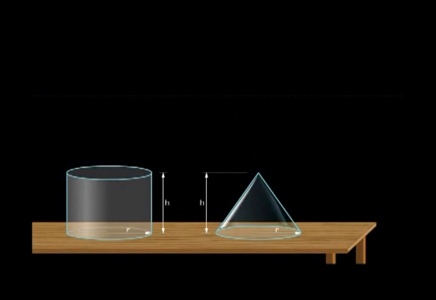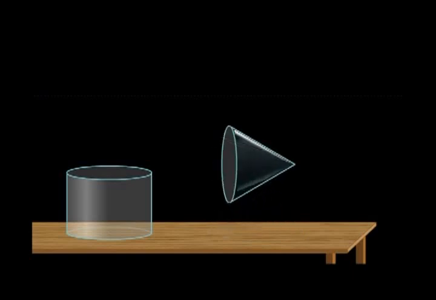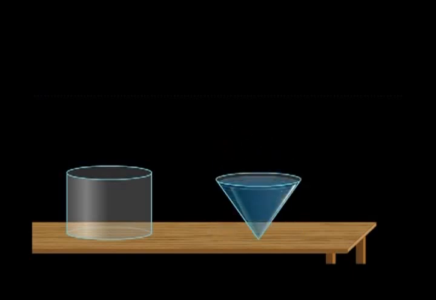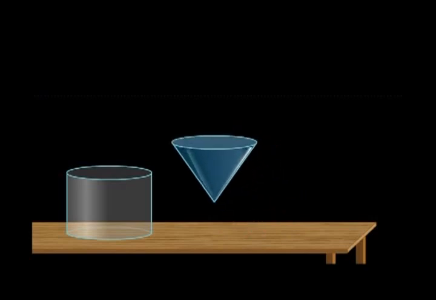Next solid, cone. To find the volume of a cone, let us perform an experiment. Take a cone and a cylinder with the same radii and heights. Fill the cone with water and transfer the water to the cylinder.